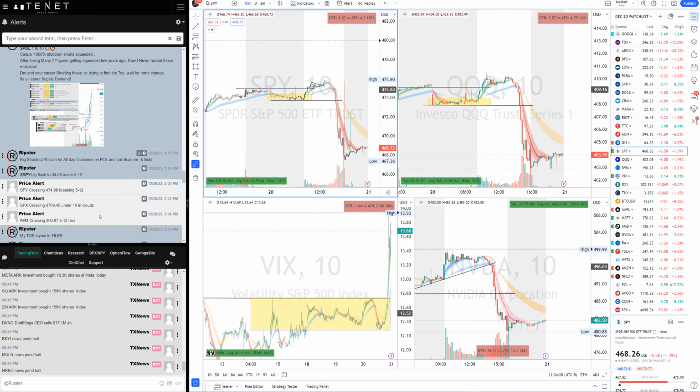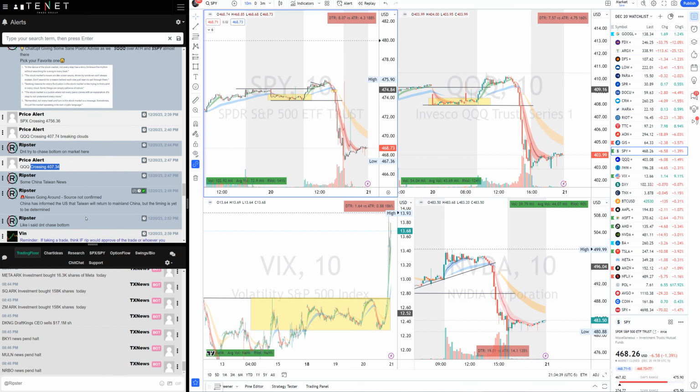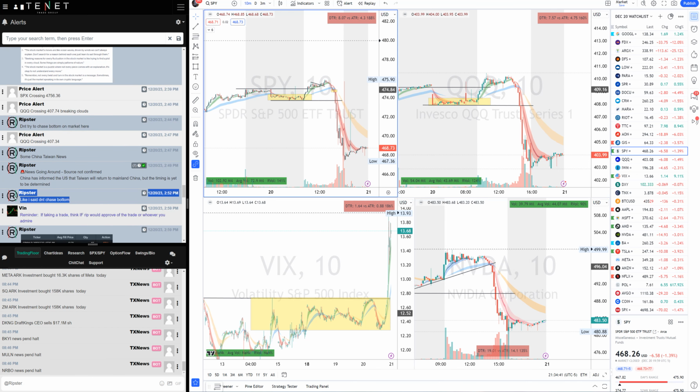So I said, do not buy, do not chase the bottom. You see here the price alerts coming in, QQQ breaking the clouds, my price alert going in, SPY breaking a pivot, then QQQ breaking another pivot, and I said don't chase the bottom.